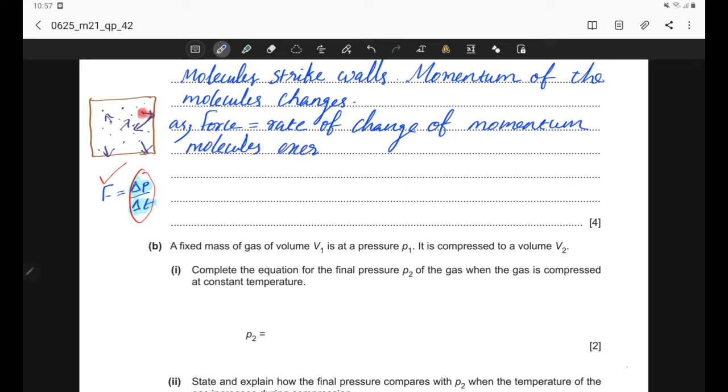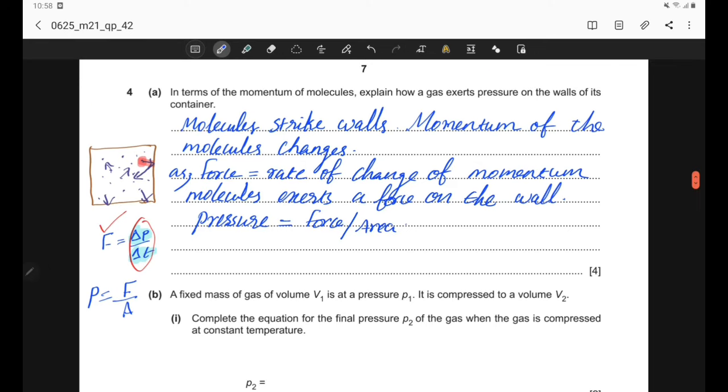Molecules exert a force on the wall, and we know that if there is a force acting over an area of the wall, there will be a pressure exerted on the wall. So we can write down there will be pressure also due to this force, as pressure is force over area.